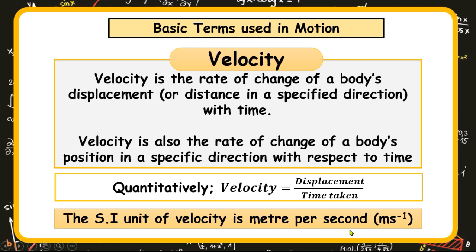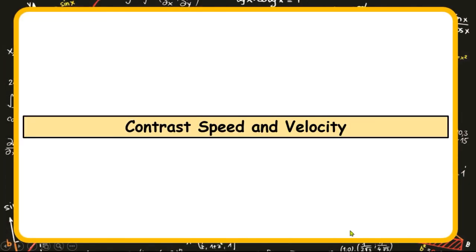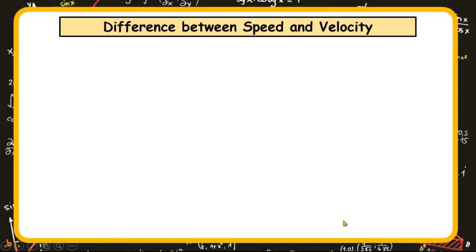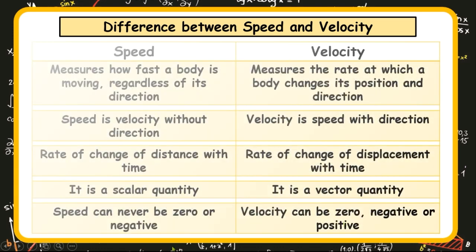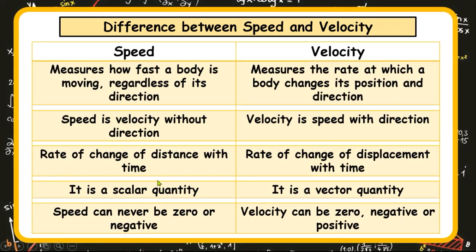With speed and velocity, let's contrast these two based on the understanding you have gotten so far. And by contrasting, we are looking at the differences between speed and velocity. So now the differences. For speed, it measures how fast a body is moving, irrespective and regardless of the direction.